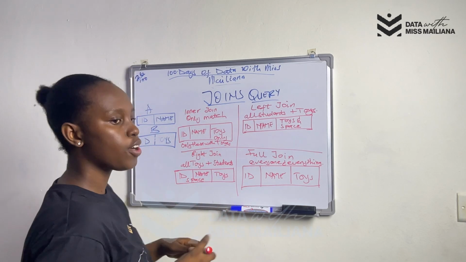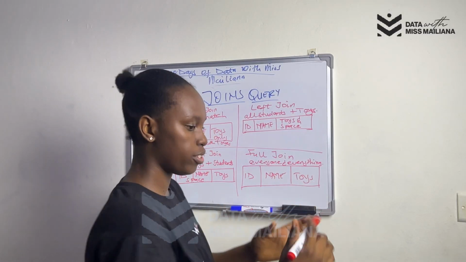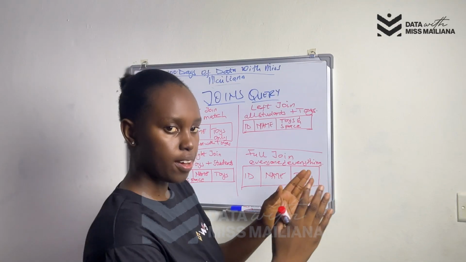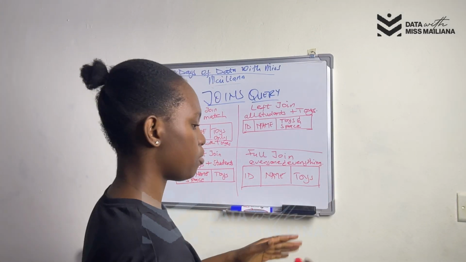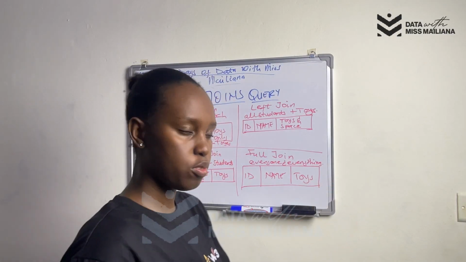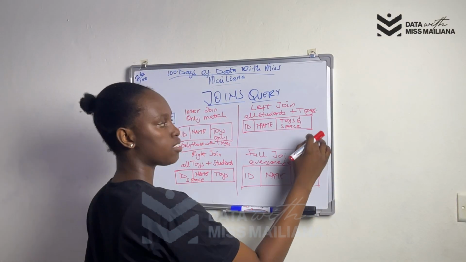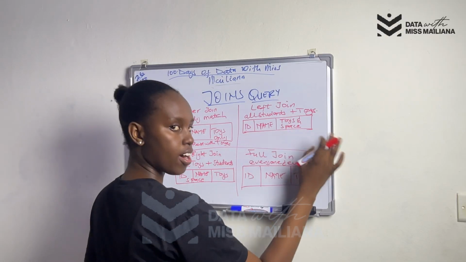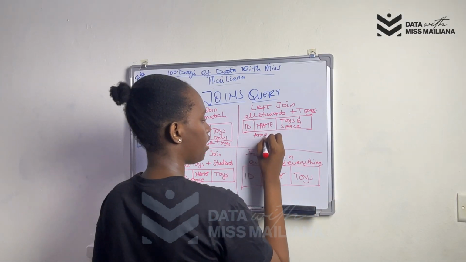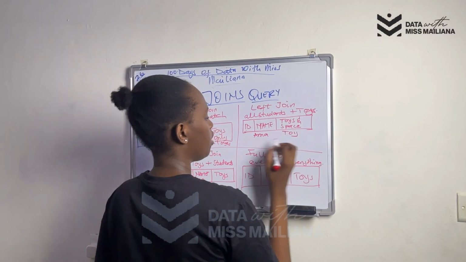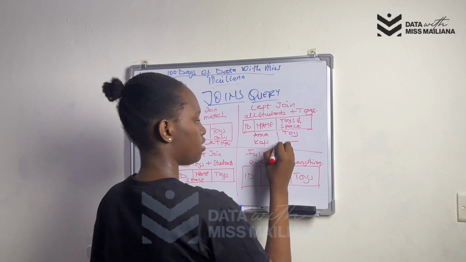If you don't have a toy, it's going to show that these are those who have toys and these are those who don't have toys. So it's going to show the names and the toys and then the space for the names who don't have toys. So maybe Amma has a toy, Kofi doesn't have a toy, so it's empty, something like this.